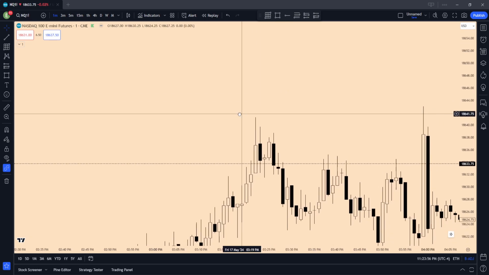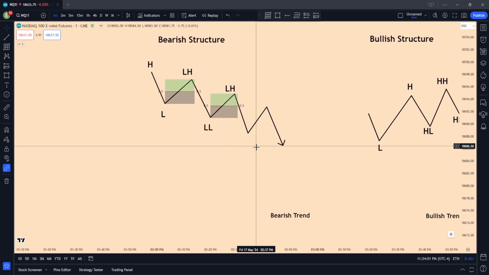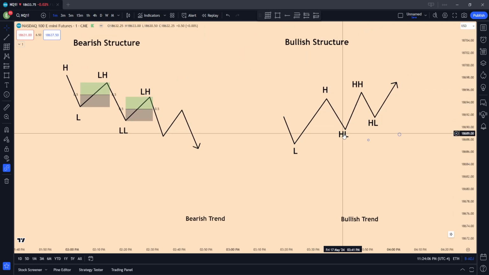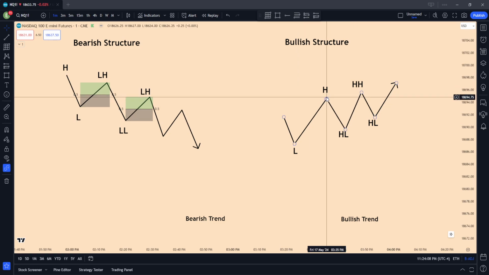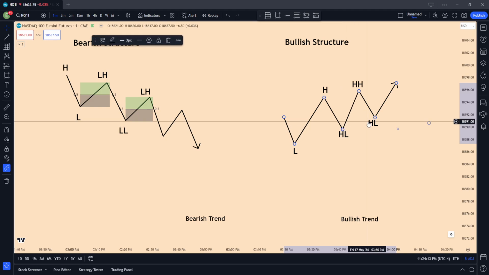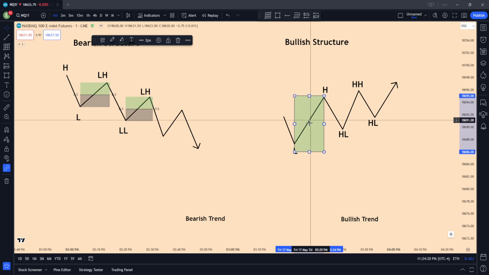You have to understand the swing points of the market. So these lows, these highs, higher lows, higher highs, these are also called swing points. They're swings in the market. They're the peaks of the swing. So when you look at this whole move here, this is called a price swing. When you see this like that, this is called a retracement.